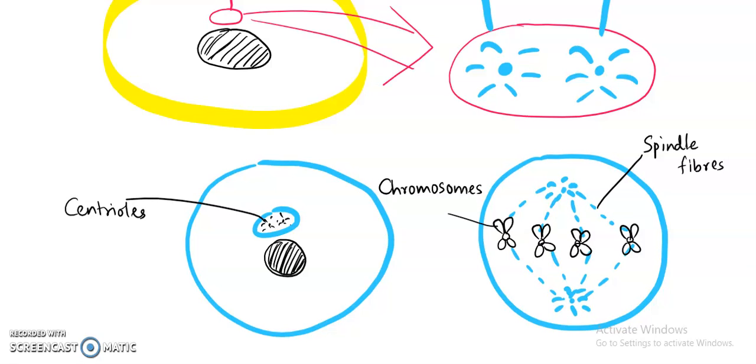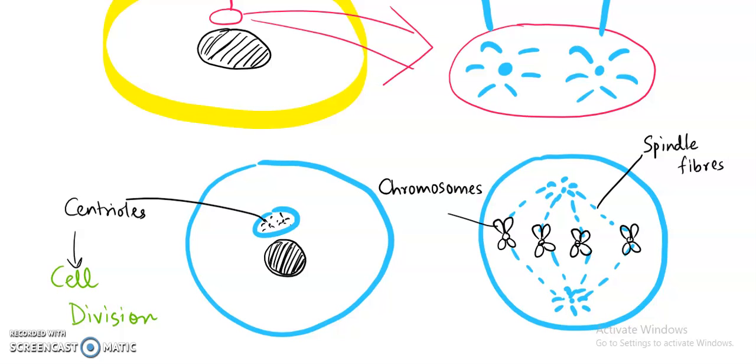So centrioles basically help in cell division. So we have studied that centrosomes are an example of a cell organelle only present in the animal cell.